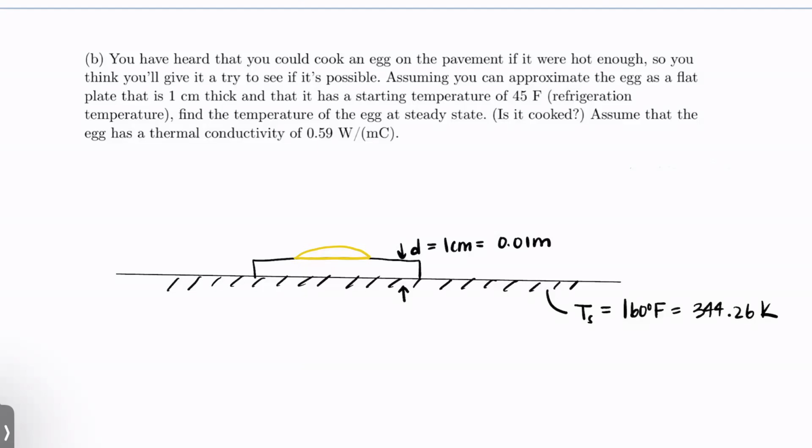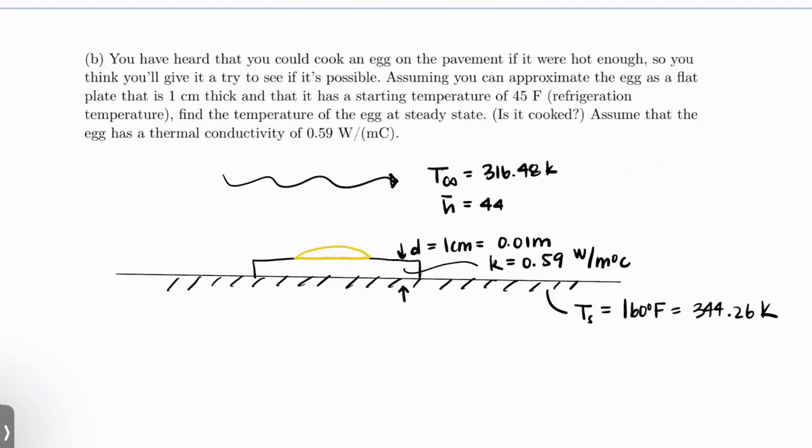We also are given that this material has a k equals 0.59 watts per meter degree C. We still have our ambient conditions out here, so T infinity is 316.48 Kelvin.